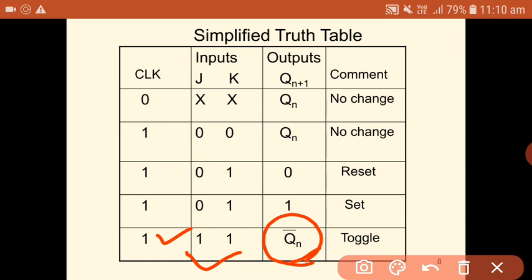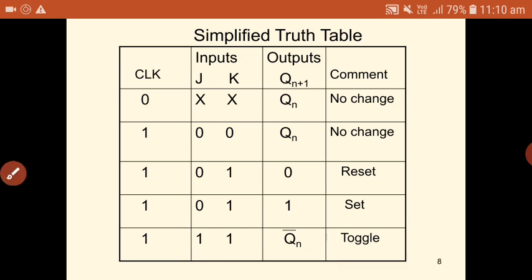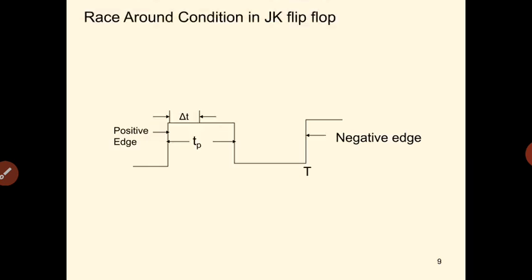So this is the overall truth table of JK flip-flop, which involves JK inputs and also the clock input, so that you'll be getting the output Qn plus 1. Okay, next we will see what we mean by the race around condition in JK flip-flop.